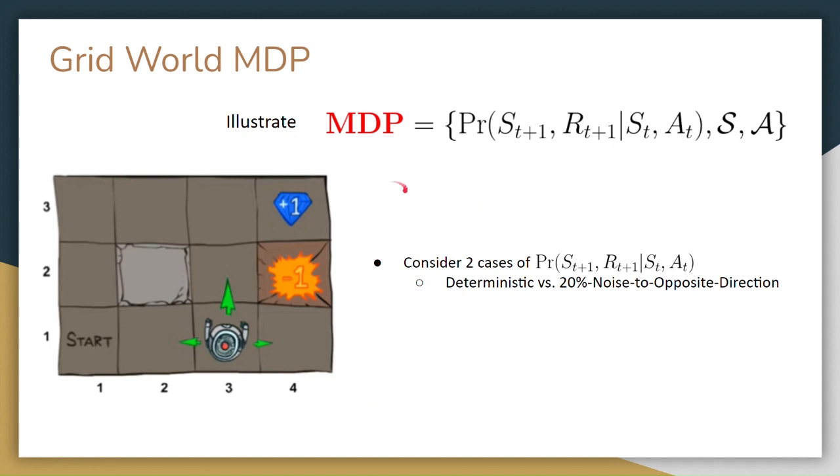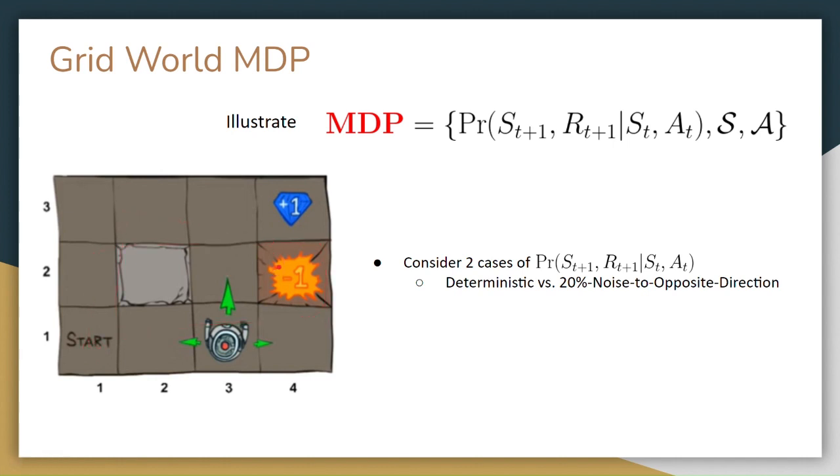Okay, so now with this simple example, we're going to illustrate the MDP with the conditional probability, state space, and action space, just to make sure that you clearly understand everything. In this grid world, we use a simple example where the map is fixed, so if the agent wins or loses and the game restarts, the map is the same every time.